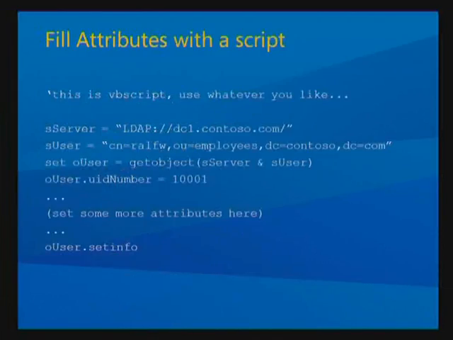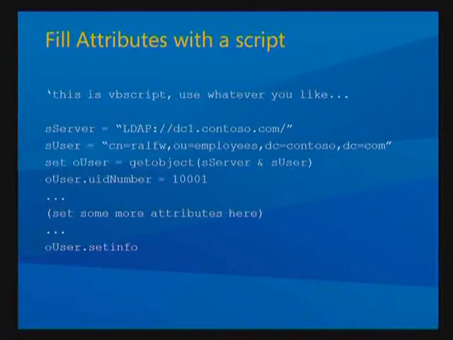It's very easy. On the parts where the dots are, you can set some more attributes, but it's just a small VB script. And you can use other tools. There are a lot of DS query, DS add, DSRM tools, so that's quite easy. I think you see what I'm doing here. I connect to a server and to a special object, take the properties of the user and add a UID number.